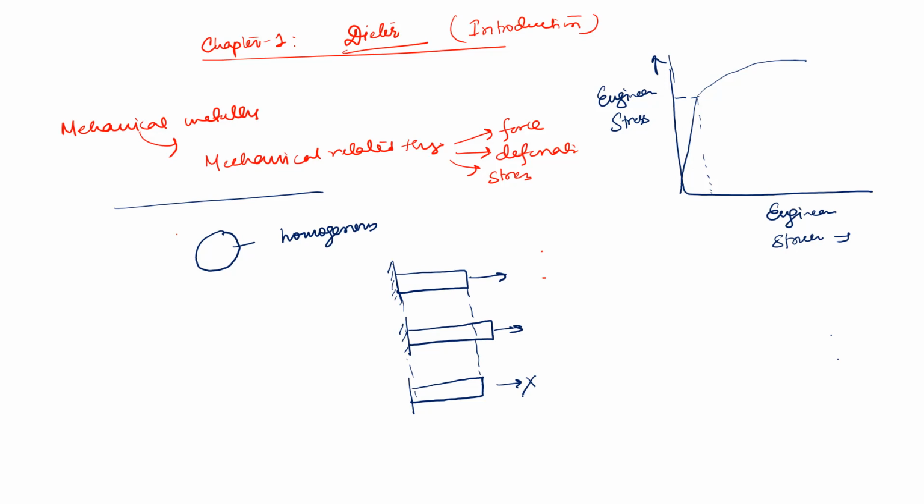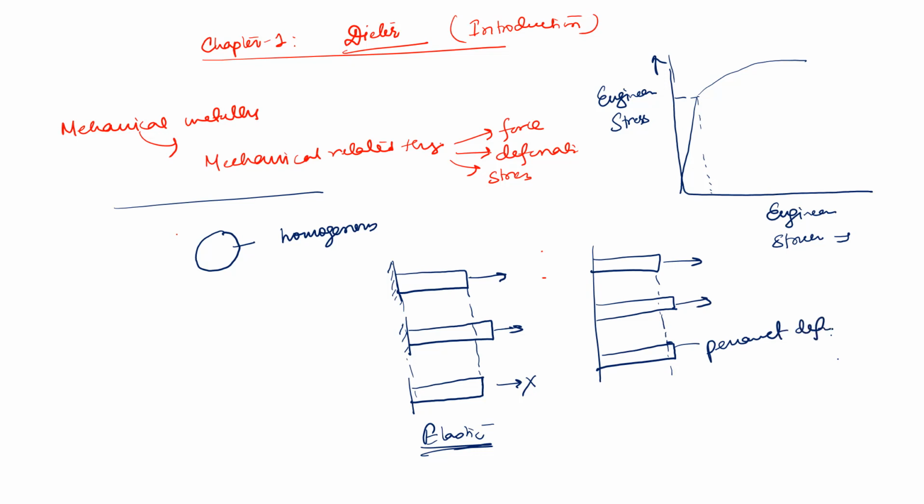Here we remove this stress, then it is called elastic. Now suppose we are stretching, and it has stretched up to this limit, but after removal of load we are getting some permanent deformation.